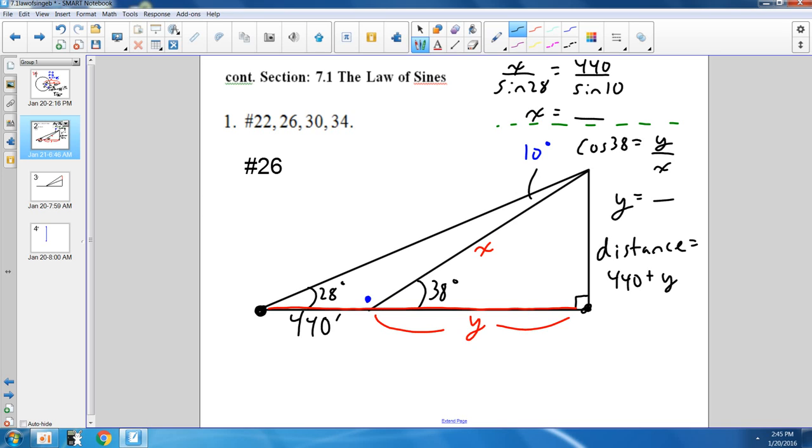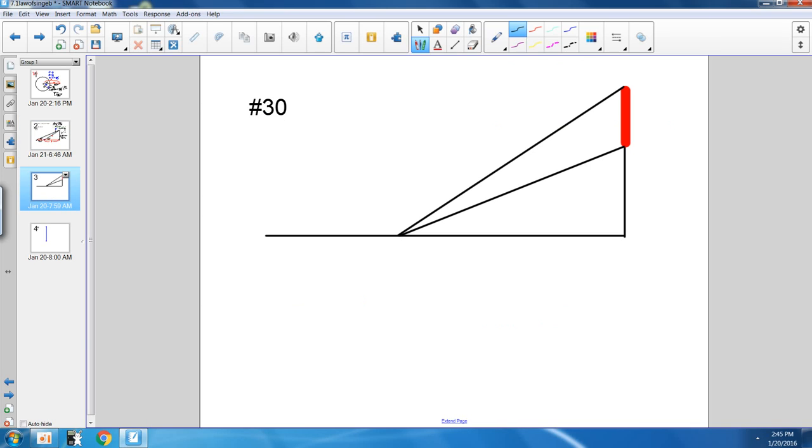Let's go to the third problem, and we have two more. Number 30 says, again, angle of elevation. A 150-foot antenna is on top of a tall building, 150 feet. From a point on the ground, the angle of elevation to the top of the antenna is 28.5 degrees.